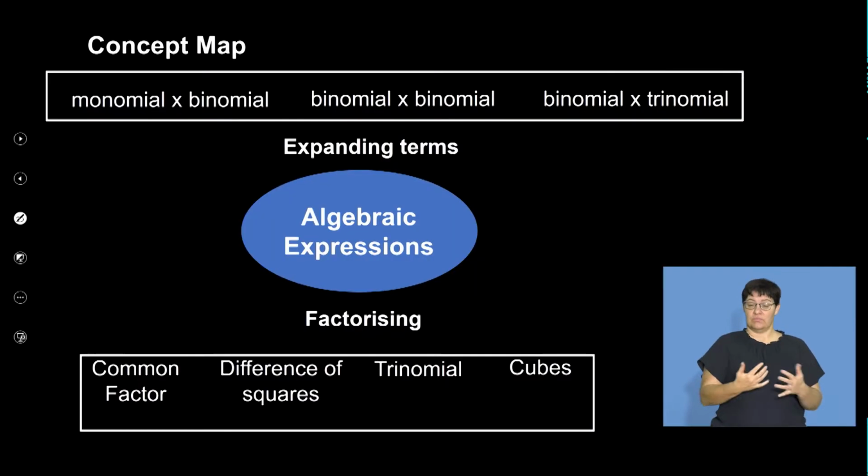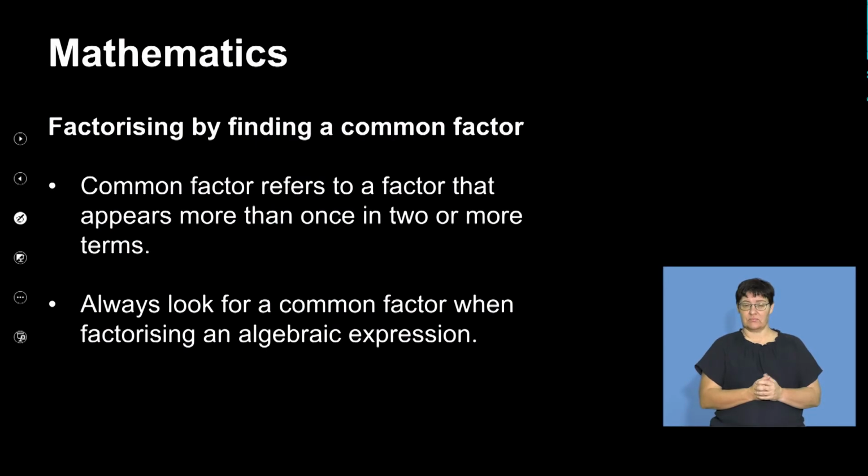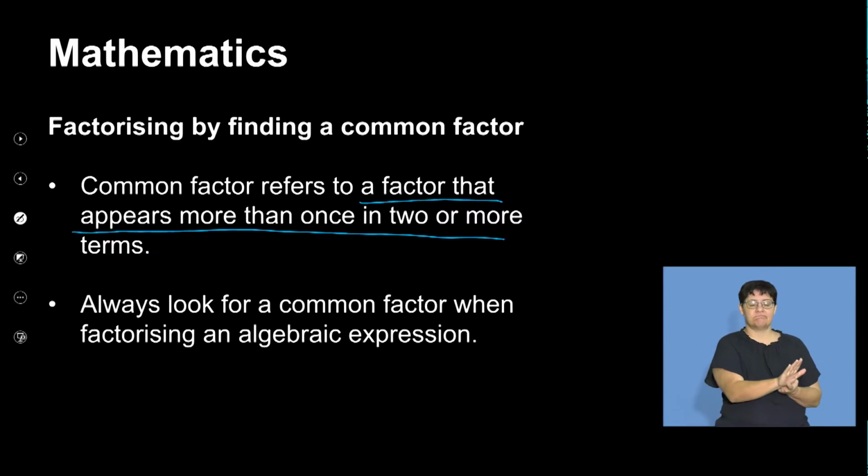So remember that when you talk about a common factor, this refers to a factor that appears more than once in 2 or more terms. Now when we say it appears more than once in 2 or more terms, it must be in all the terms, right?